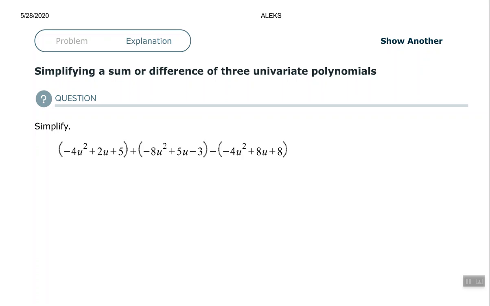Okay, so the first thing that I notice is that we have a minus in front of this third polynomial, which means those signs will be changed in order to change that subtraction to addition.